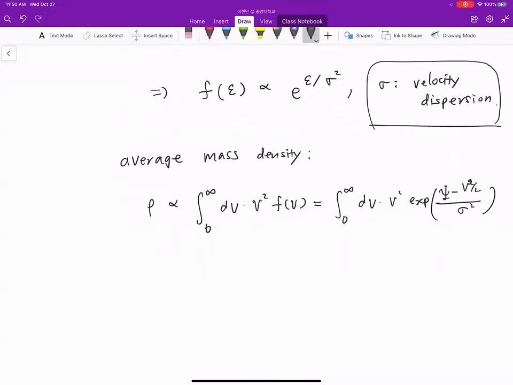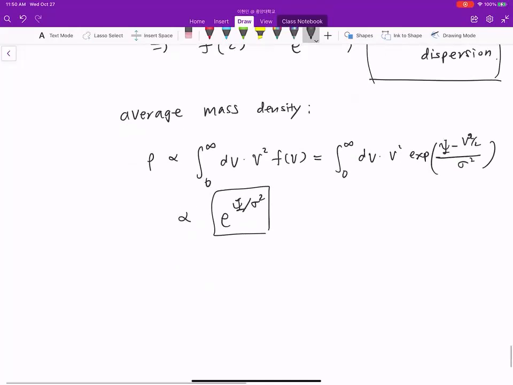So again, this density depends on not only velocity dispersion, but also gravitational potential energy psi. And the gravitational potential energy can be factorized. Therefore, the averaged mass density depends on the gravitational potential.